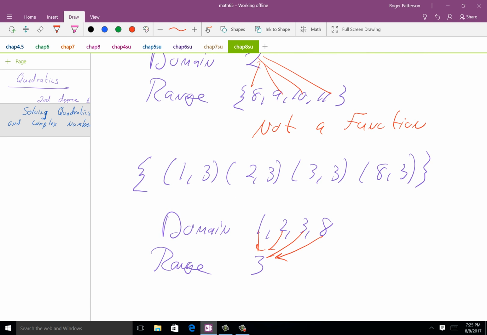Well, for every number in the domain, there has to be one number in the range. So yes, it is, because 1 goes to 3, 2 goes to 3, 3 goes to 3, and 8 goes to 3. Yeah, they're all going to 3, but 1 is only paired with 3. So yes, that is a function.